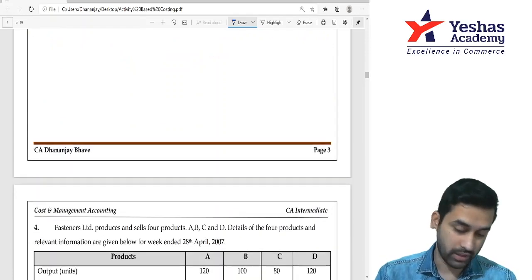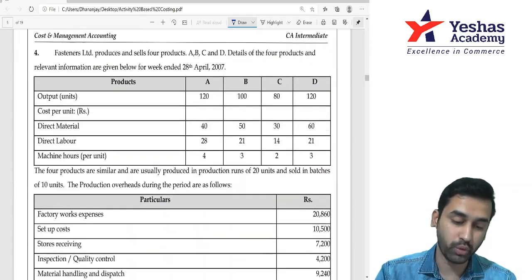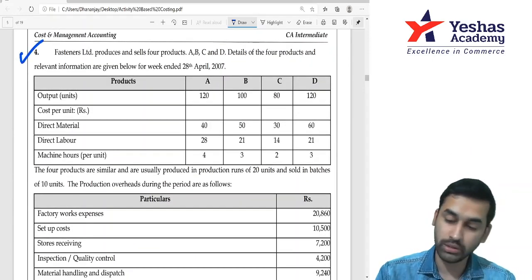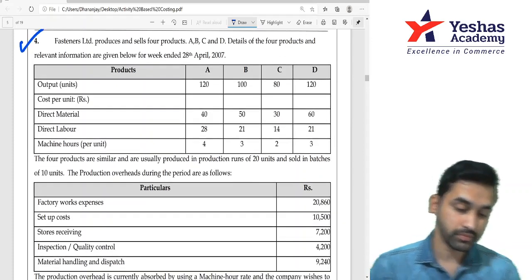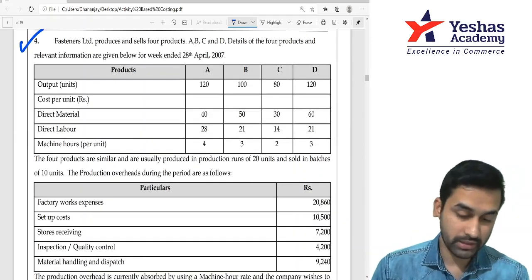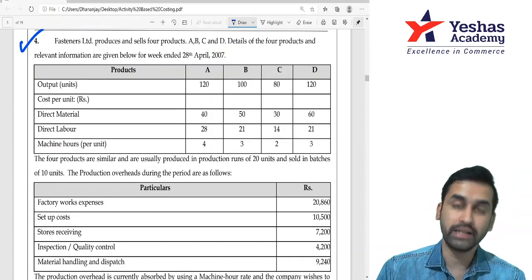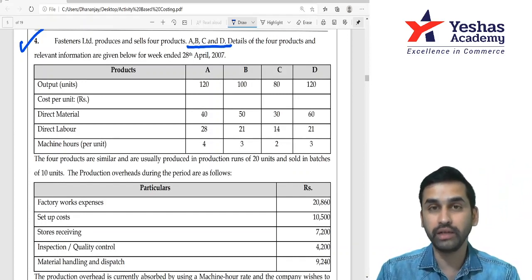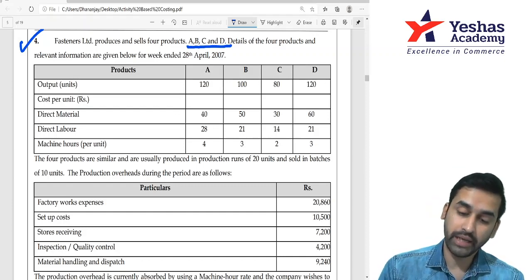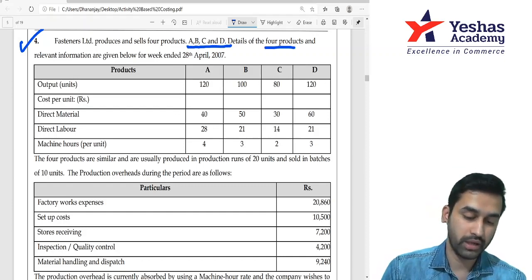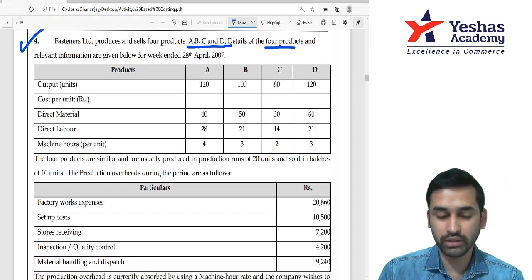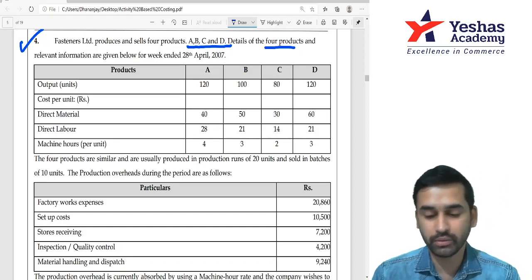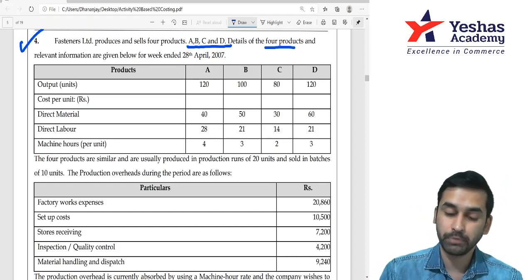Chalo, let's work out question number 4. Fasteners Limited produces and sells 4 products A, B, C and D. Details of the 4 products and relevant information is given to you for the week ended 28th April 2007.